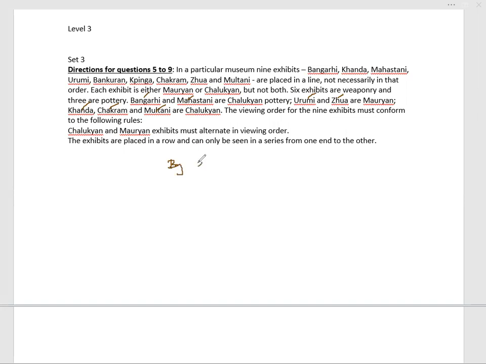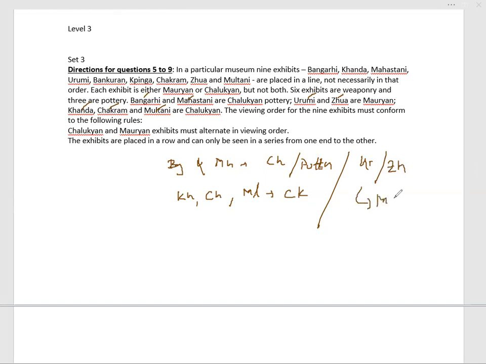BG and MH are Chalukyan and they are pottery. KH, CH and ML is also Chalukyan. UR, ZH are Mauryan.